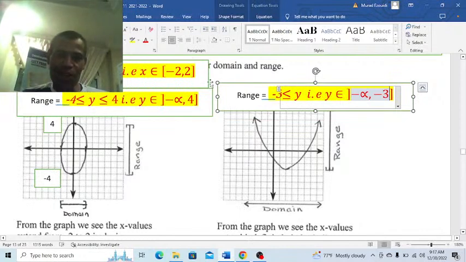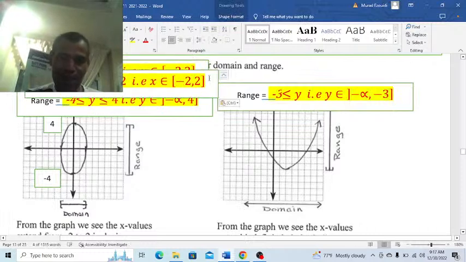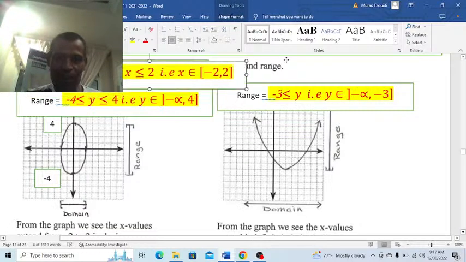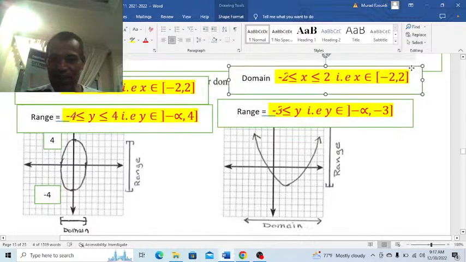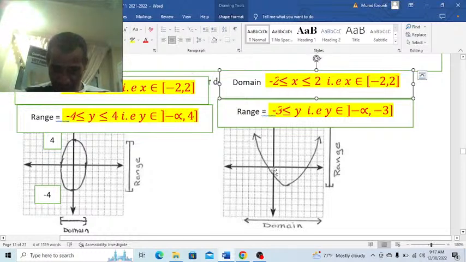For the domain, learners, I'll just paste this one because it's already done. This is the domain for the second example. The domain here is from, I count, minus 1, minus 2, minus 3, minus 4, approximately minus 4. Then this is 1, 2, 3, 4, 5, 6, 7, 8.